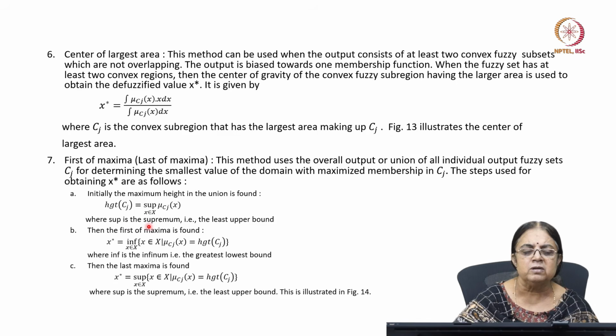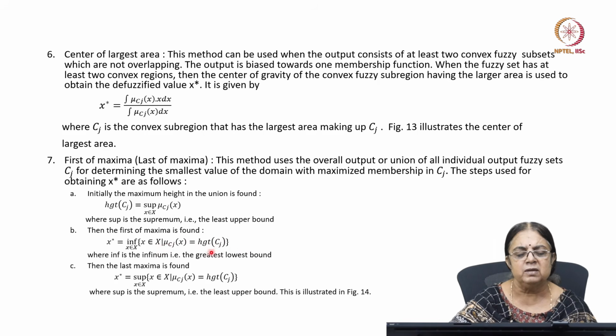Here you are saying the maximum height in the union is found, and then you find all the values which come into this one. Once you have found that, you find the first of the maxima. So all the maxima that you have found, you take the first out of that, the greatest lowest bound, and you can also find the last one.